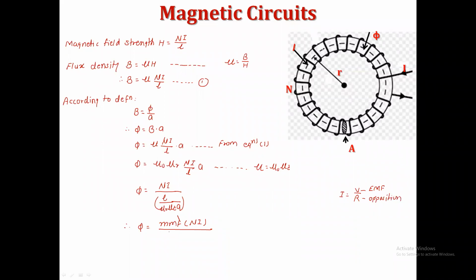Is it right? So here you can write divided by reluctance. In terms of resistance, it becomes reluctance, and it is denoted by the letter S. And make a box for that, because this is the important formula in the magnetic circuit.